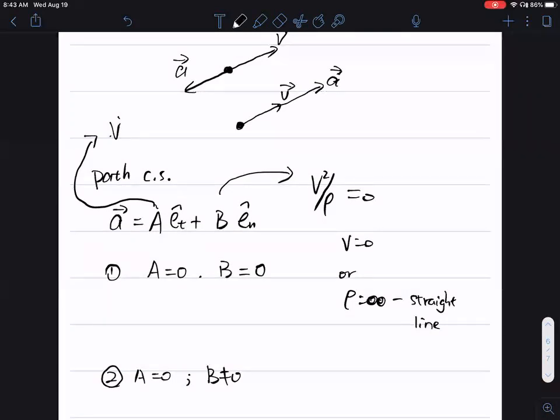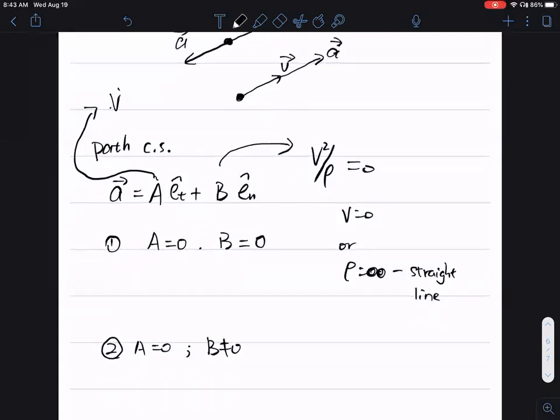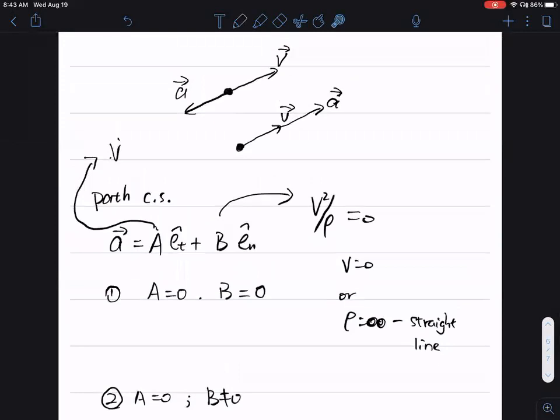From our equation, V dot is 0, which means our particle is traveling at a constant speed, probably. And could that speed be 0? The answer is no, because our B is non-zero at this point. So that means this cannot be 0. So it must be some type of speed, and there has to be a rho that is not infinite to make sure B is non-zero.